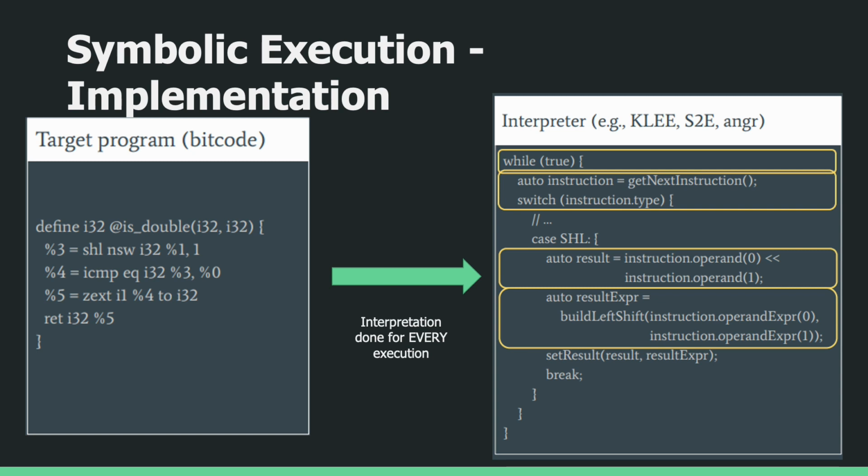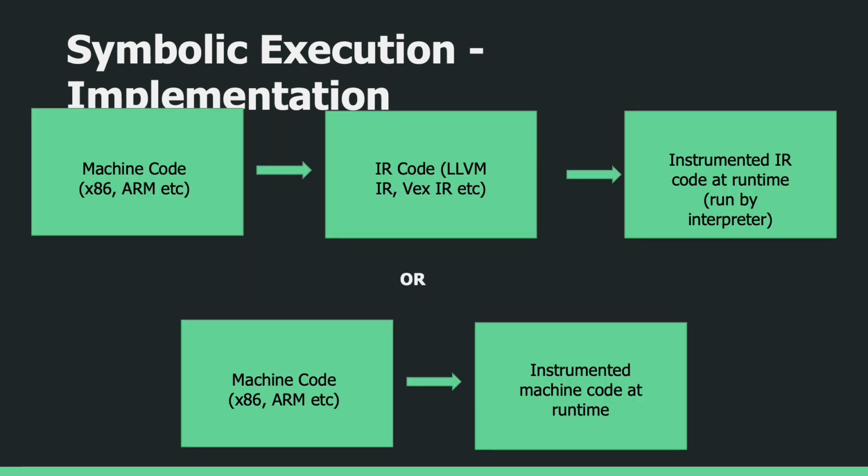So to simplify this technique, there are two main ways in which this runtime interpretation is done. The first technique is in which we have the machine code, that is the x86, ARM, all of these assembly code for the program. We convert this code into IR code, the internal representation, kind of a simplified assembly, you can say.